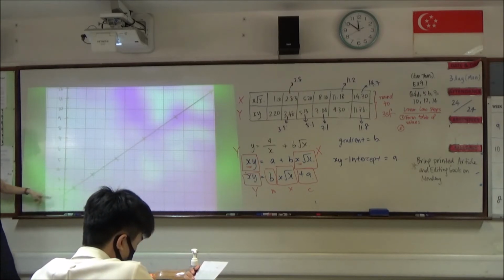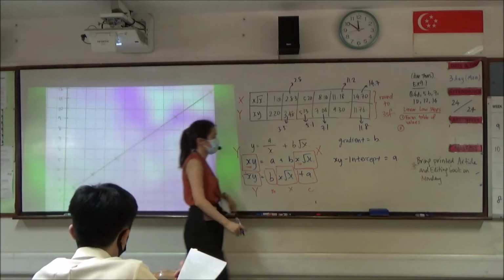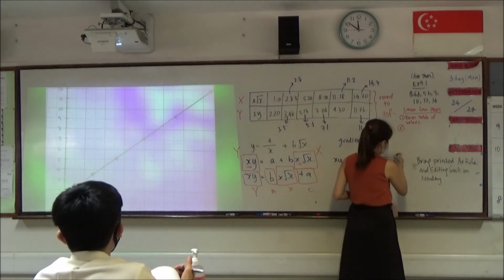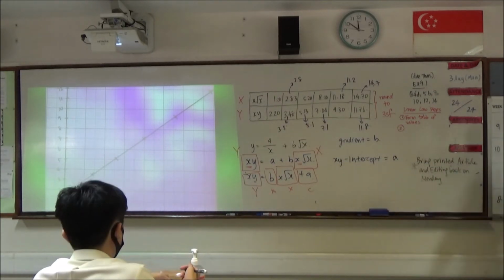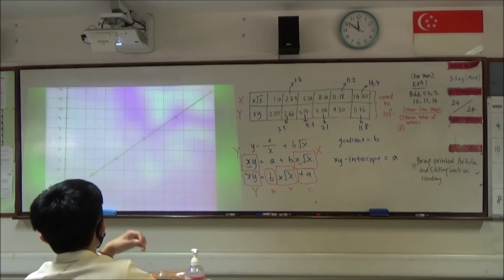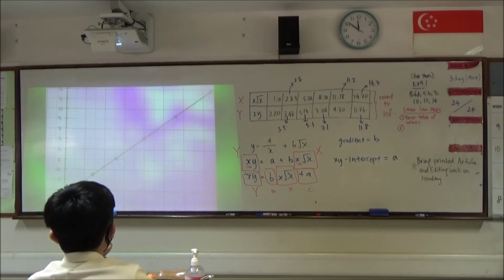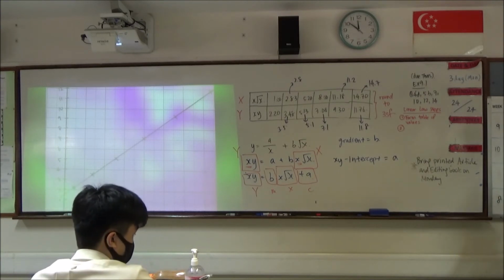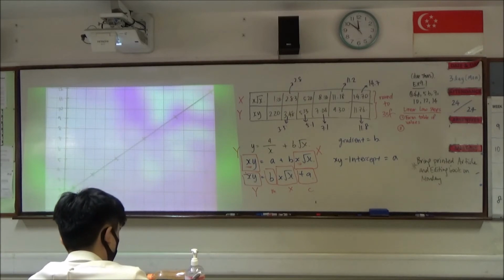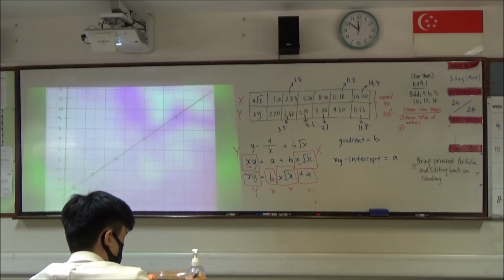What do you see for your xy-intercept? 1.5? Jen, do you get 1.5 too? No? What do you get? 1.4? And yours is 1.5. Okay, closer to 1.5.